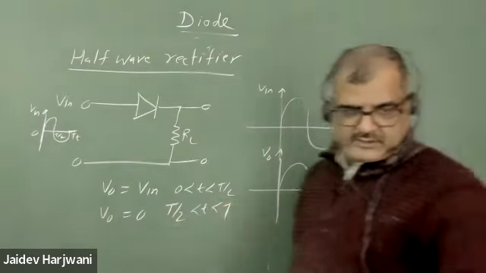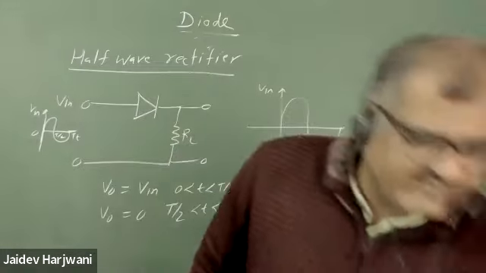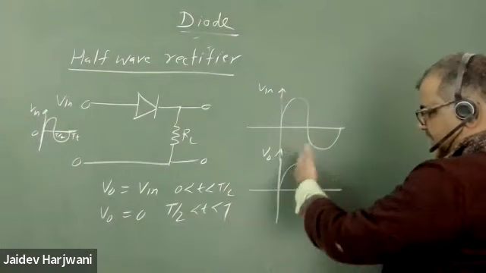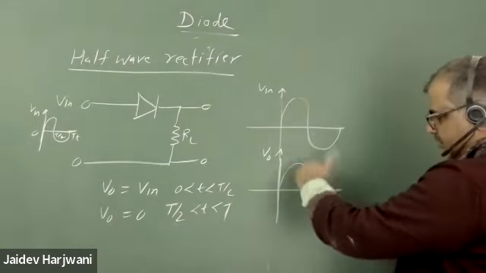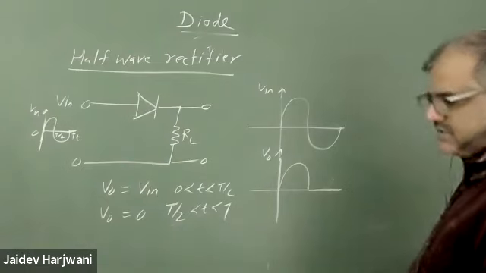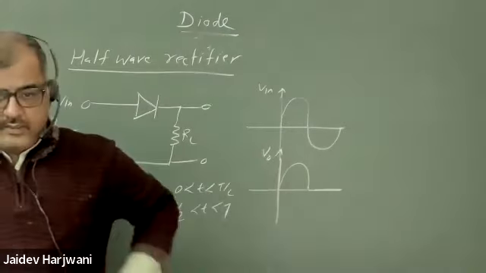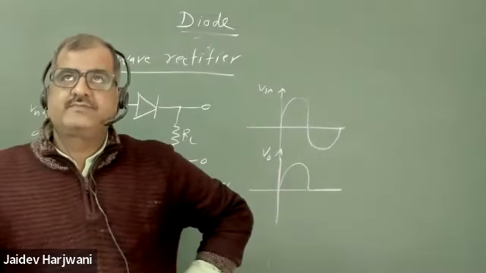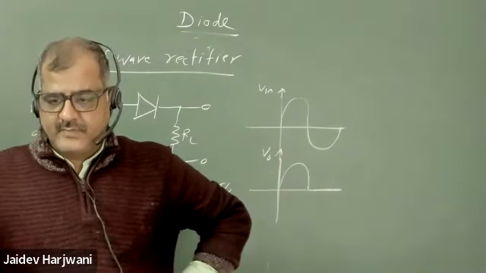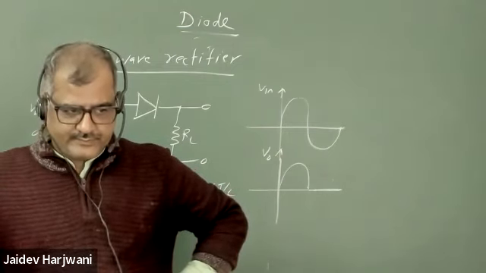Now I want to calculate the average DC voltage. What is the average of this V naught throughout this cycle? What is the formula for average voltage? How to calculate the average of a function? Student: V input into T by 2 plus 0 into T by 2, divided by total time.